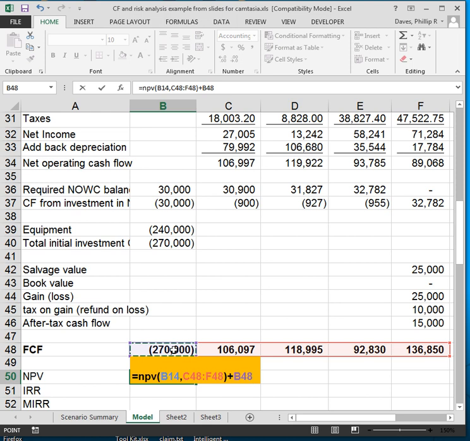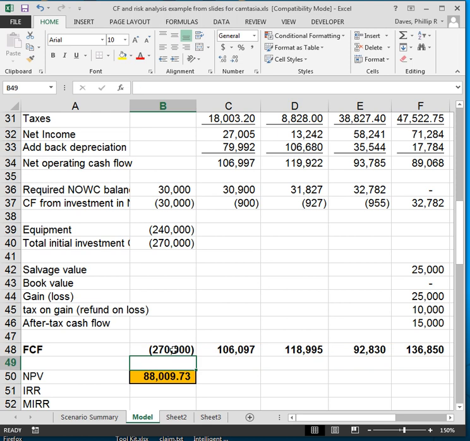So we want to make sure that the $106,000 is discounted, but the negative $270,000 occurs at the end of year 0. That's right now. It does not get discounted, and so notice that the formula has to have the $270,000, in this case B48, outside of the parentheses in the NPV function. And so that gives us a net present value of $88,000.